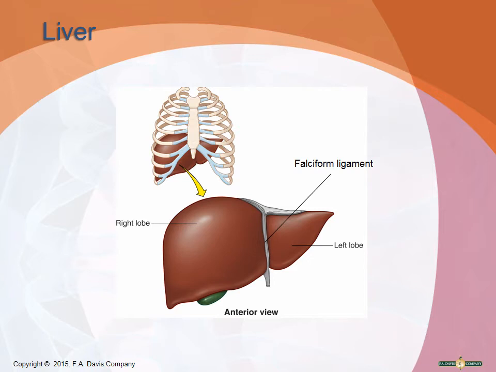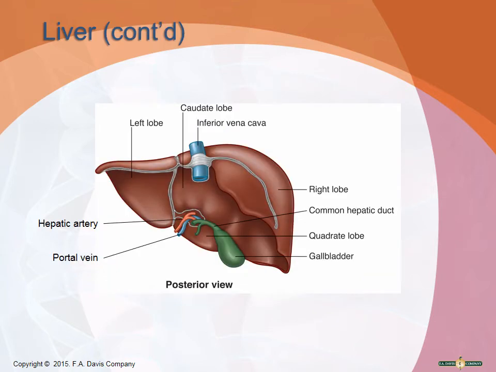There are a right and left lobe separated by this ligament, and I won't be asking you really more than that. This is the view of the underside of the liver, where the green structure is the gallbladder. It's in close proximity to the liver, interestingly, because it's in the liver where bile is formed and sent to the gallbladder for storage.